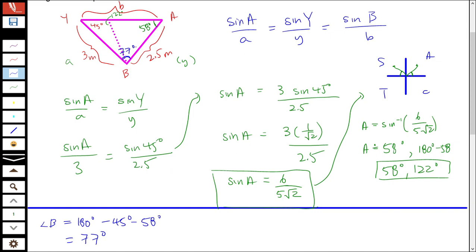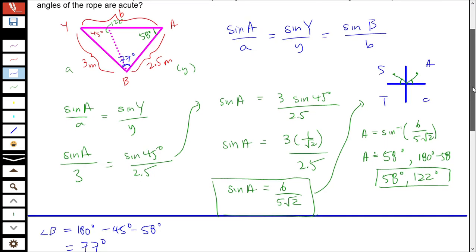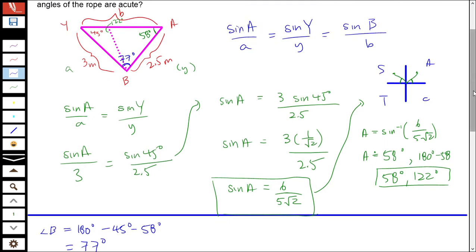Okay. Now we can calculate the length of B. And I'm going to use the sine law. Or actually here, you could use a sine law or you could use a cosine law. You could use either one. You should be getting the same answers.